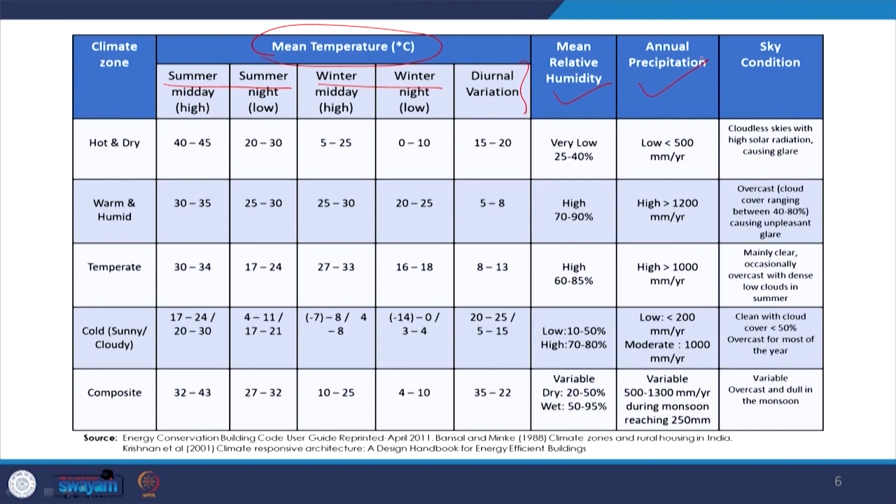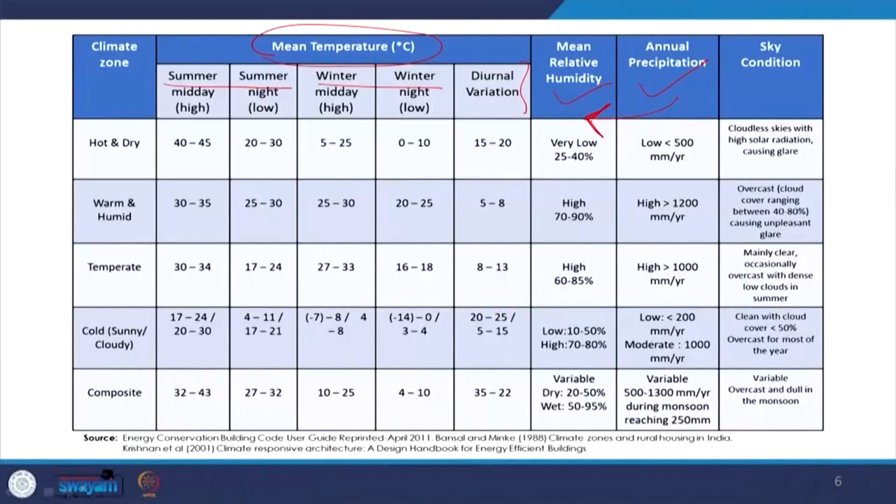So, what is the amount of precipitation that the place is receiving impacts how the relative humidity is going to behave, but it is not the only criteria, it is not the only reason why relative humidity of a place would vary. It may also vary because of the altitude of the terrain.